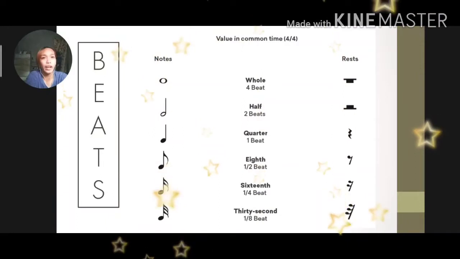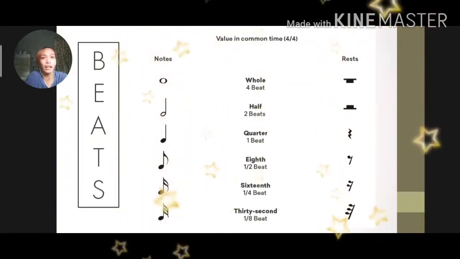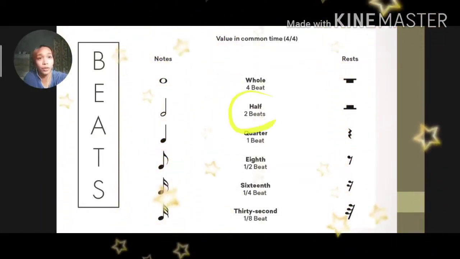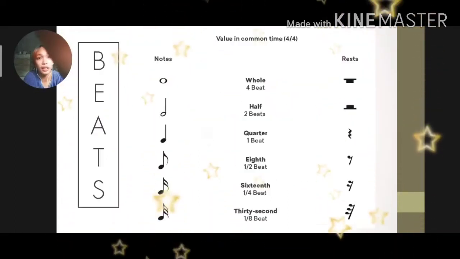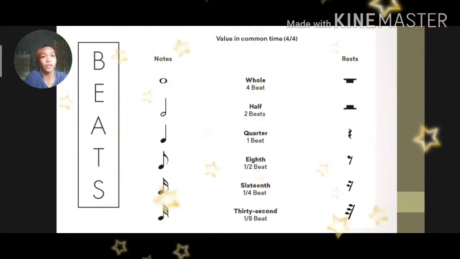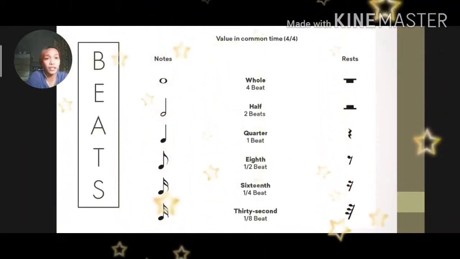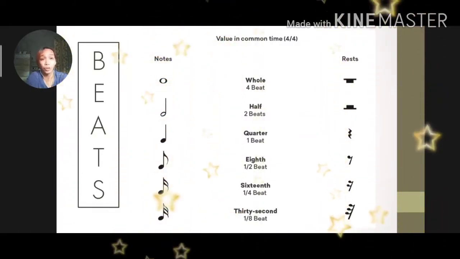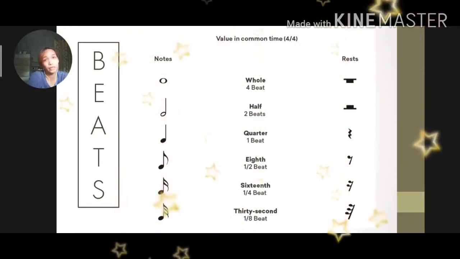So, we have here different beats. We have the whole note and the whole rest, the half note and the half rest, the quarter note, quarter rest, the eighth note, the eighth rest, the 16th note, the 16th rest, and the 32nd note and the 32nd rest.